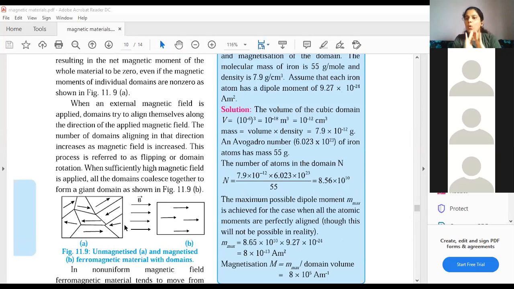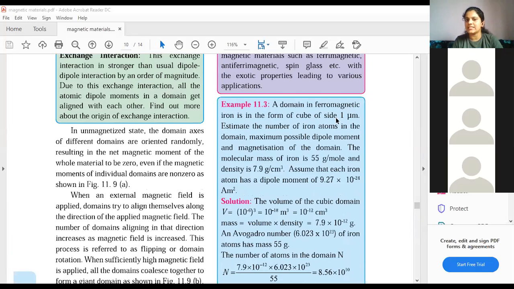So one domain is in a cube format inside this ferromagnetic iron whose side is 1 micrometer. Estimate the number of iron atoms in the domain, so we have to find how many iron atoms are present inside that cubical domain, the maximum possible dipole moment, and the magnetization of the domain.